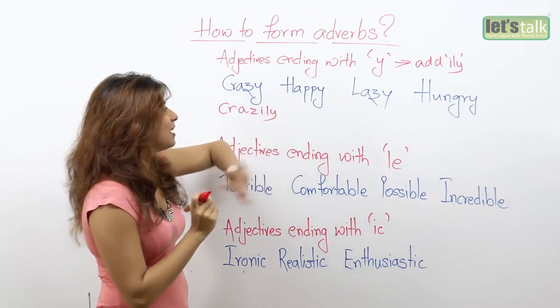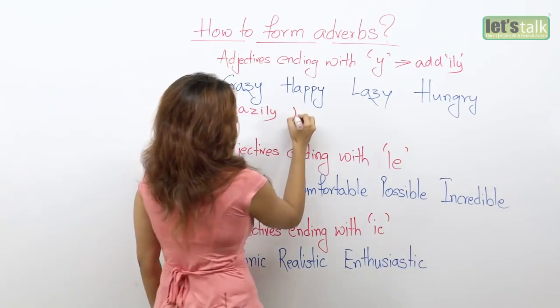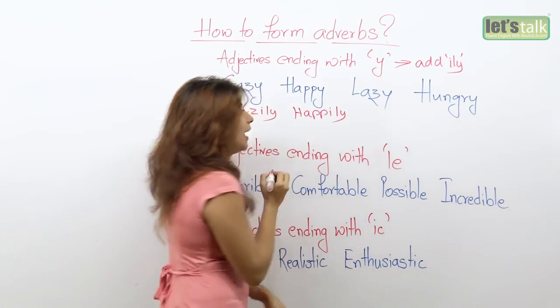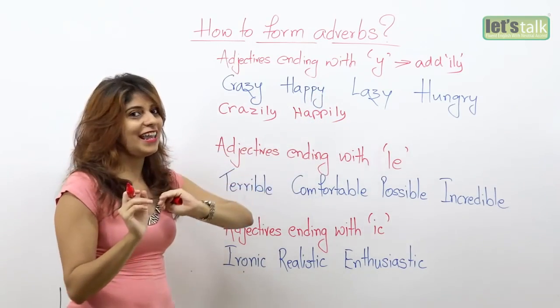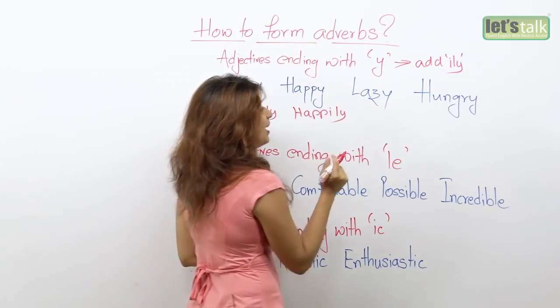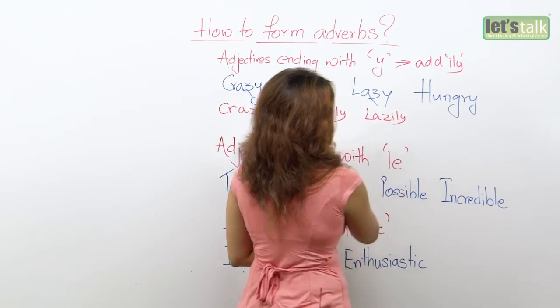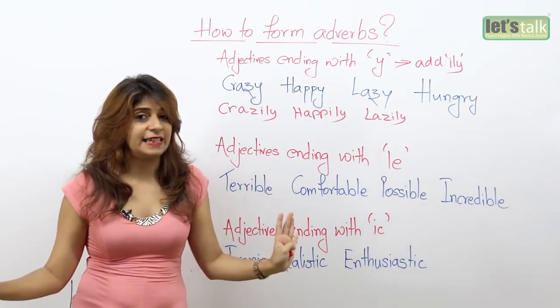Okay, another example, happily. She danced happily. So it's going to be, again, we say goodbye to the letter Y and we add ILY. Another one is lazy. I spent my Sunday lazily.